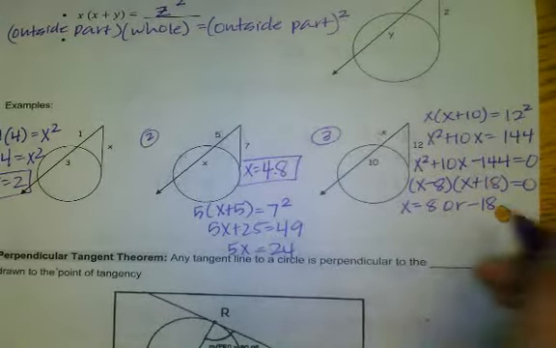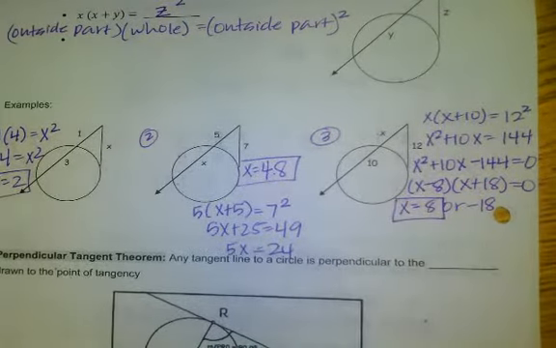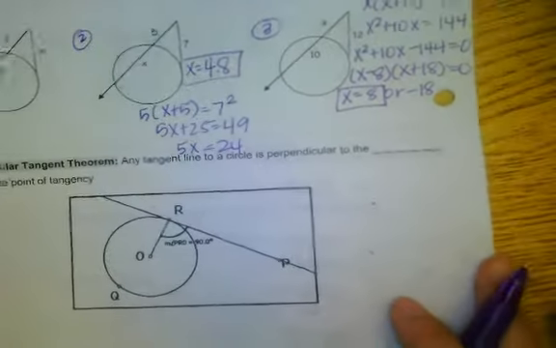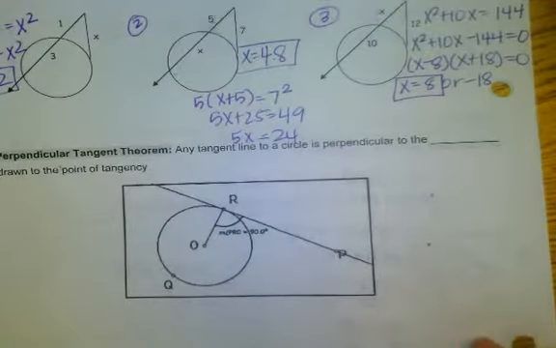Any questions on 3 or the secant tangent theorem? No? Okay. The next one is the perpendicular tangent theorem. We called this a tangent chord theorem. It's the same thing. The important thing here is to know that your tangents are always perpendicular, so they form that 90-degree angle.